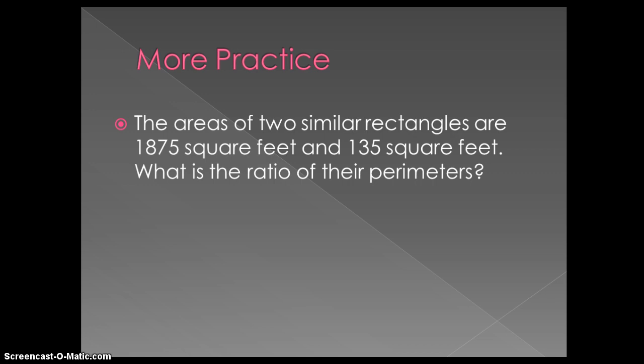The areas of two similar rectangles are 1,875 square feet and 135 square feet. What is the ratio of their perimeters? Well, we're dealing with area here. Area is a squared to b squared, and we want to get to a to b, because that's how we find the ratio of their perimeters. So we have a squared to b squared equals 1,875 over 135.